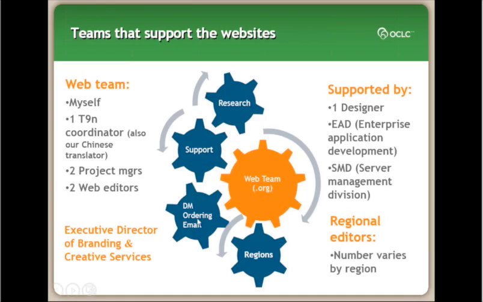There are marketing specialists who work with direct marketing landing pages, ordering, and email content. And then we have a set of regional editors, the number of which vary from region to region, but generally the regions have very small numbers of staff resources at their disposal.